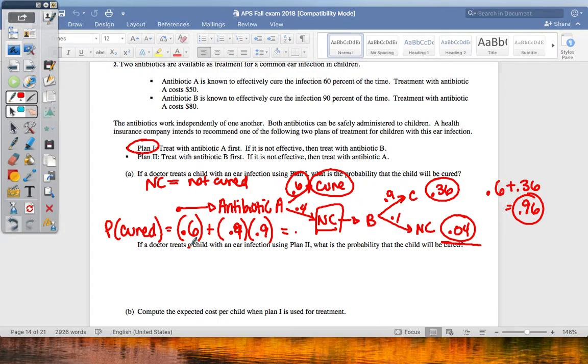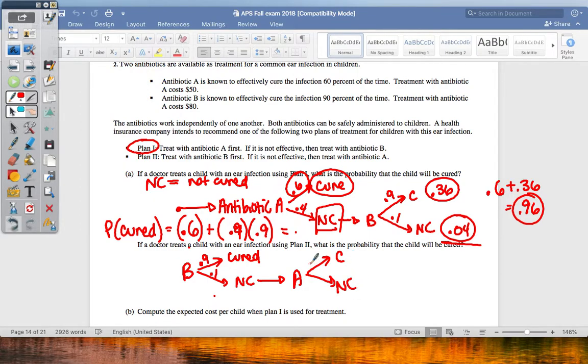All right, try the below problem. I will tell you that when you start with antibiotic B and you go to cured or not cured, this would be a little different, where cured would be 0.9 and not cured would be 0.1. Continue forward with it just like you did here, where you go to A. I know I'm doing the shorthand. Make sure you write this out.